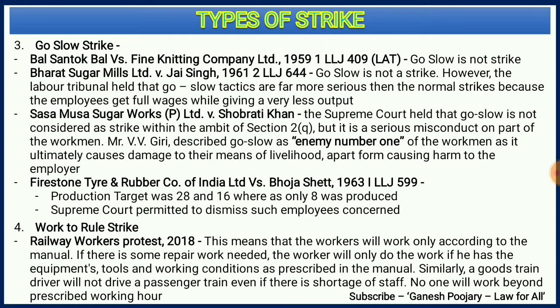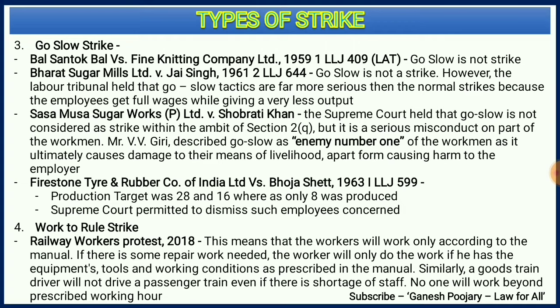And the last case law, that is Firestone Tire and Rubber Company of India Limited versus Bhoja Sheth, it was held that the production target not achieved by the workman can permit the dismissal of the employees concerned.